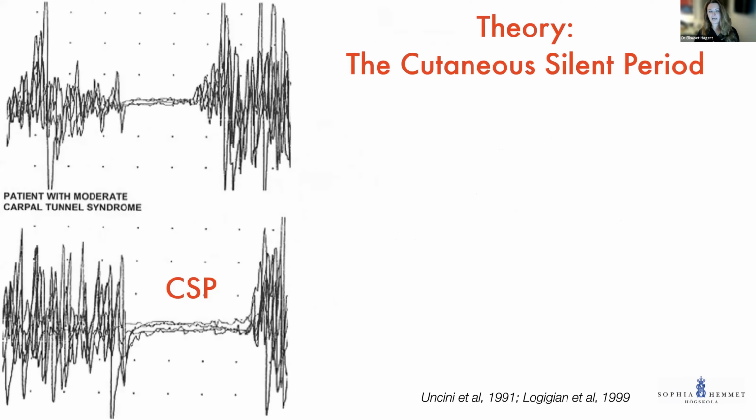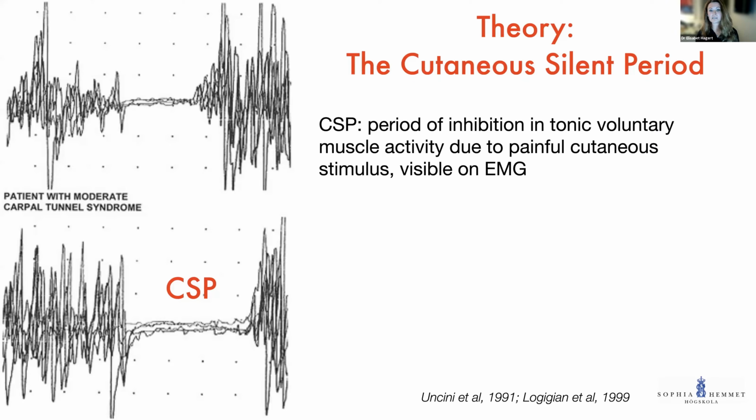So what is the theory behind the scratch collapse test? Well, there are several. One of the theories is what's called the cutaneous silent period. The cutaneous silent period is a period of inhibition in tonic voluntary muscle activity due to painful cutaneous stimulus. And this is actually something that you can see on an EMG.